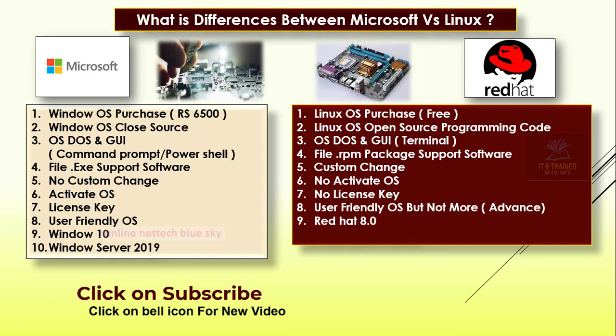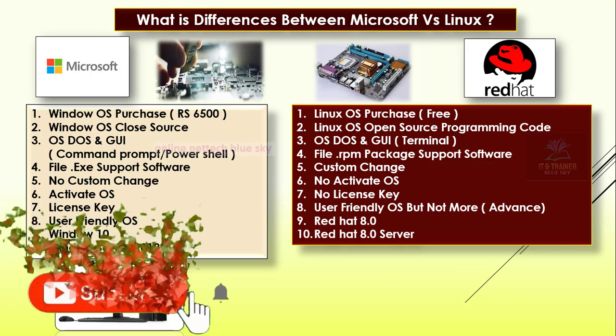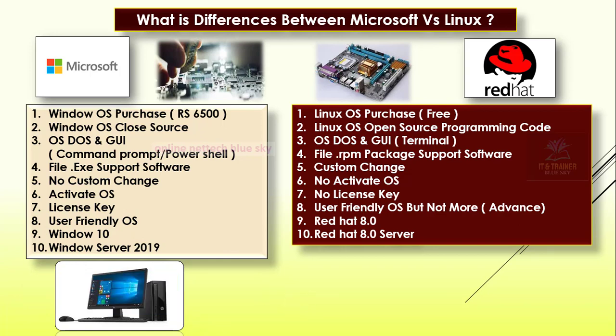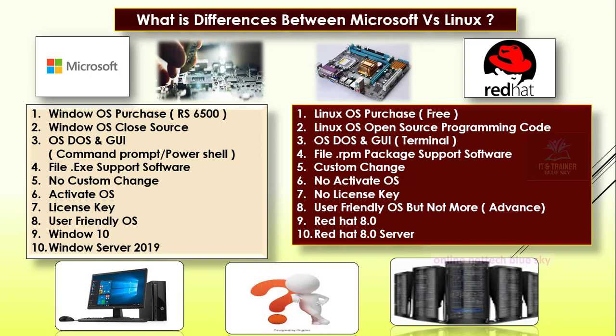You can see Windows Server 2019 is a new server operating system launch, and in the same way Red Hat Linux launched Red Hat 8.0 server. Maybe next time you will see 8.0, 9.0, and I will show you one by one. This is a desktop connection, and this is server technology, and it is very important.